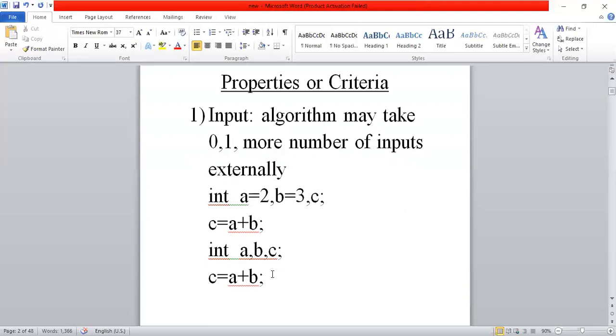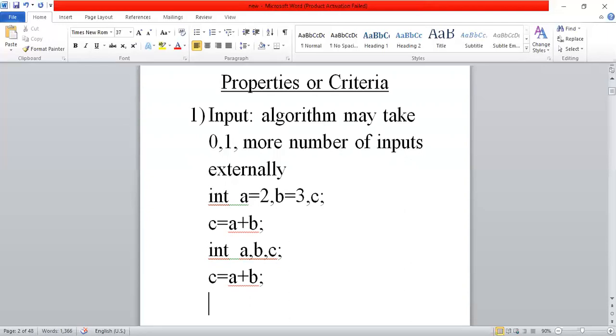The A value is required, the B value is required. But during compilation time, the compiler cannot know the A and B values. The compiler's job at compilation is simply allocating memory to A, B and C. During running time, the user can make the A and B values available. So here the user is supposed to enter 2 elements. So this is regarding input.